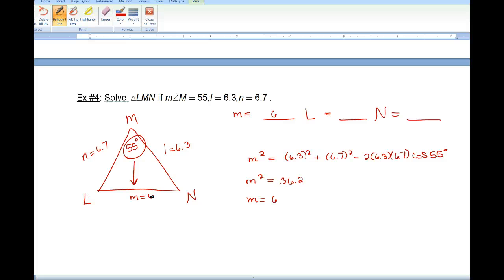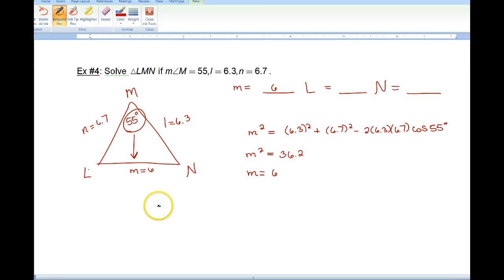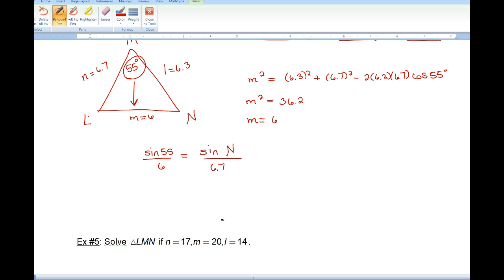So now that we have one of these sides, we could do sine of 55 over 6 equals sine of N over 6.7, or you could solve for L, it doesn't matter. So sine of N is going to be 6.7 times sine of 55 over 6. And then N is going to be the inverse sine of that answer.